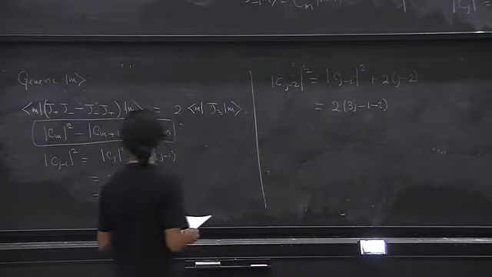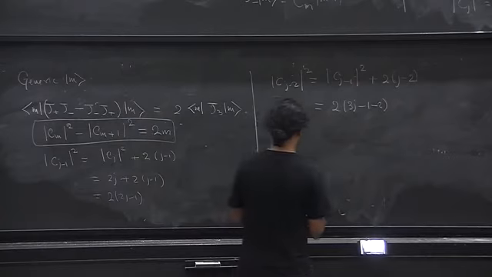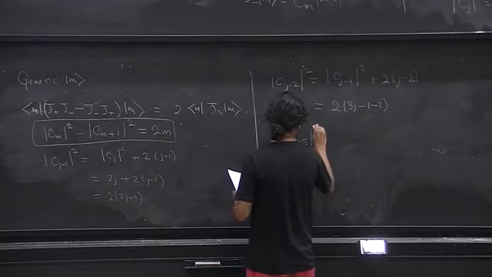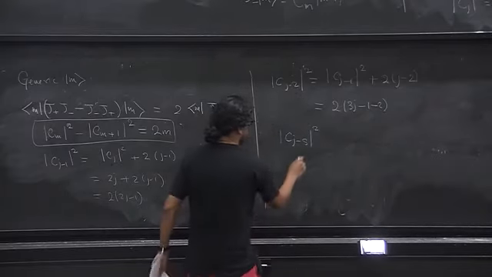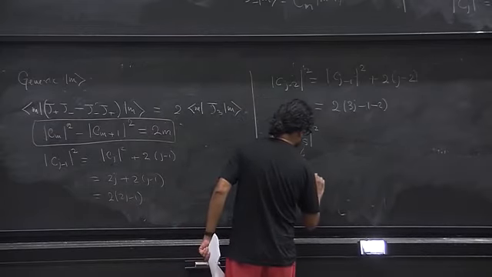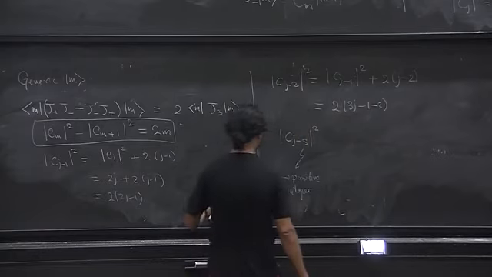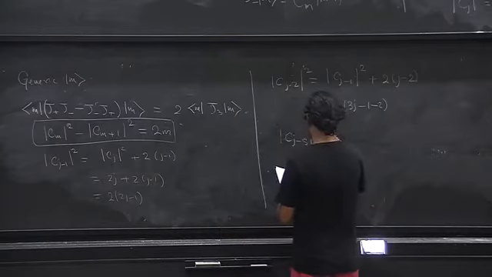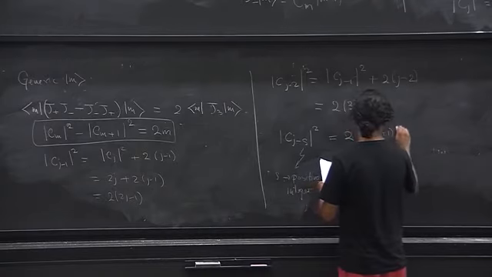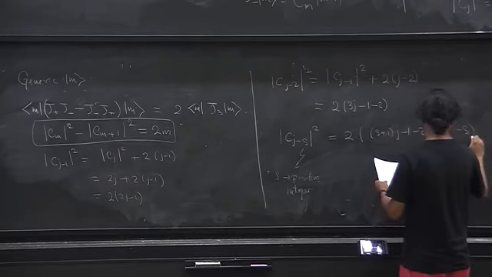Now, you can ask, what is C of j minus s squared? Note that s is a positive integer. If you carry this on, you find that it's going to be 2 times s plus 1 times j minus 1 minus 2 minus dot dot minus s.